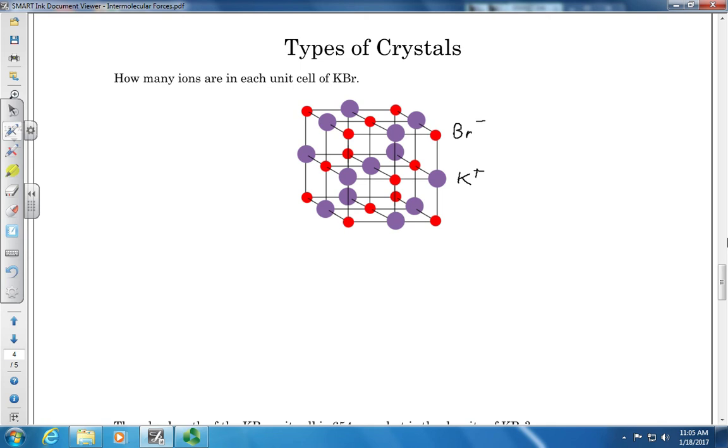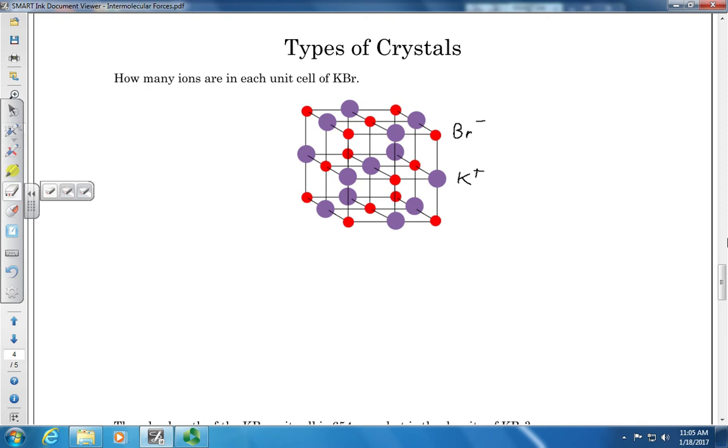The correct answer has to do with each of these pieces being a part of a whole. Just because it looks like there's a whole potassium ion right here doesn't mean there actually is. It's actually just part of a potassium ion.